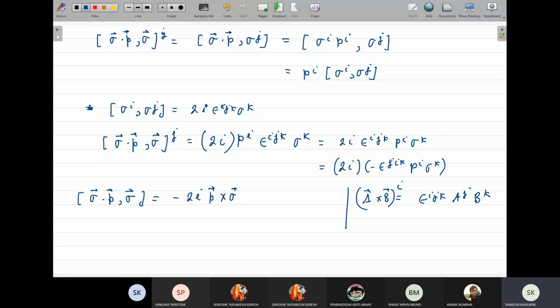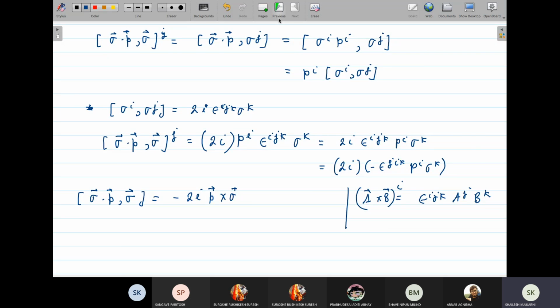So replace i by j, k remains as it is. So we'll get this. So sigma dot p commutator with sigma is minus 2i p cross sigma.